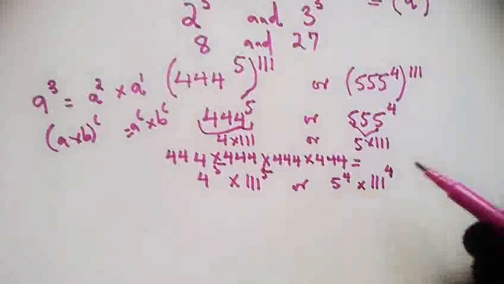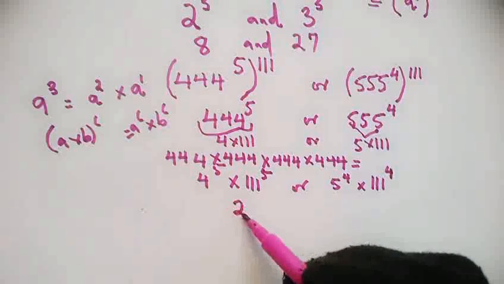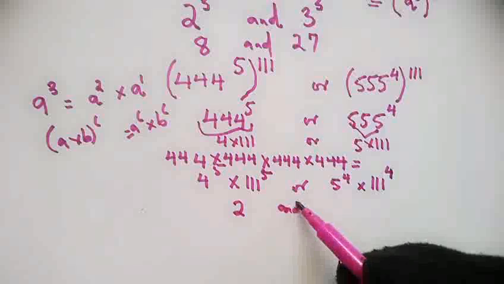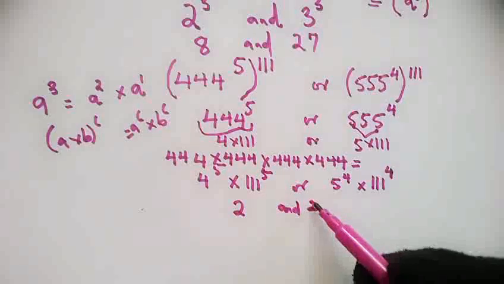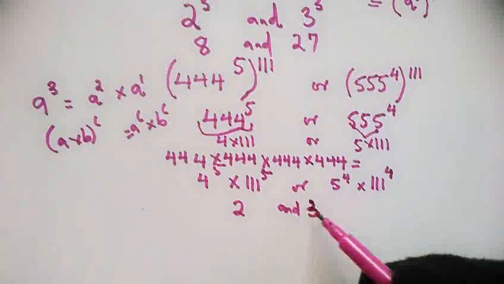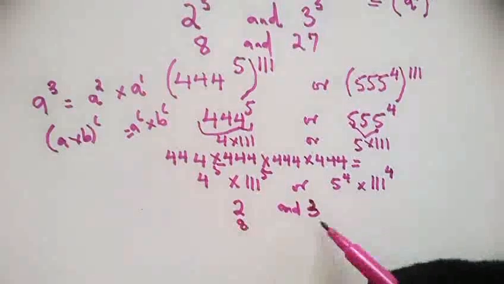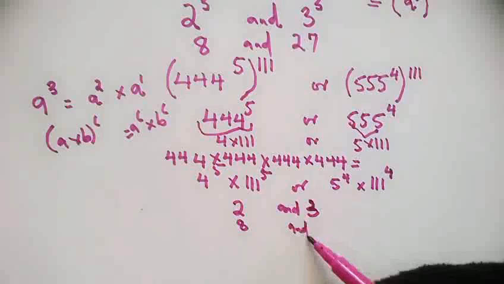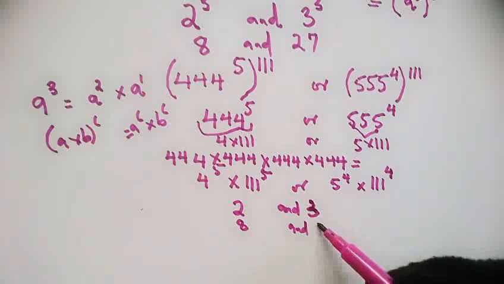Now when we have a number like this, 2 and 3 again, I still want to use it. If you multiply this 2 by 4, we get 8, and you multiply this 3 by 4, we get 12.